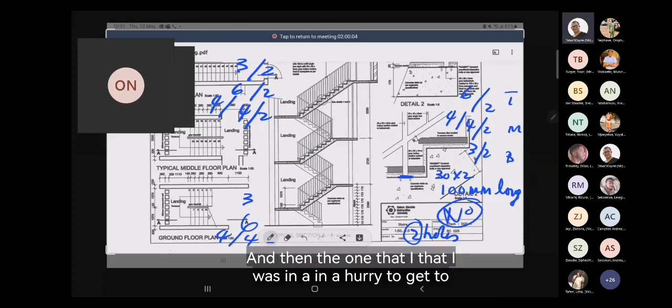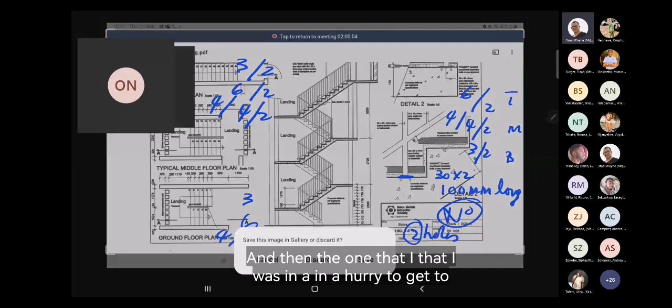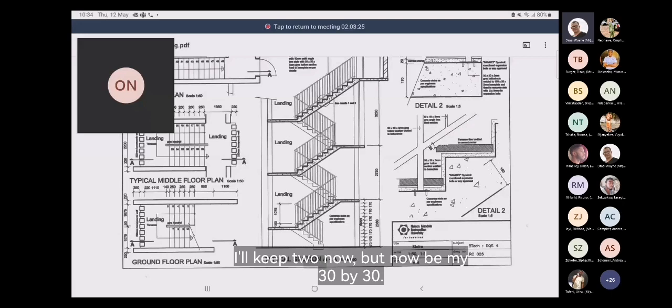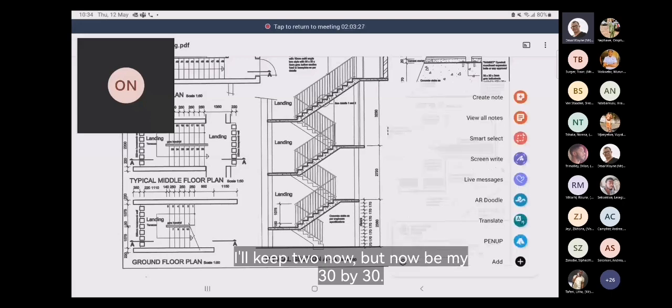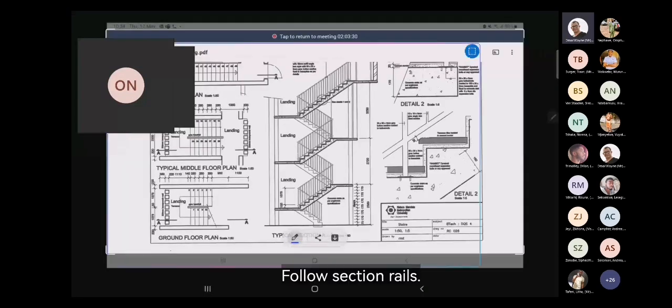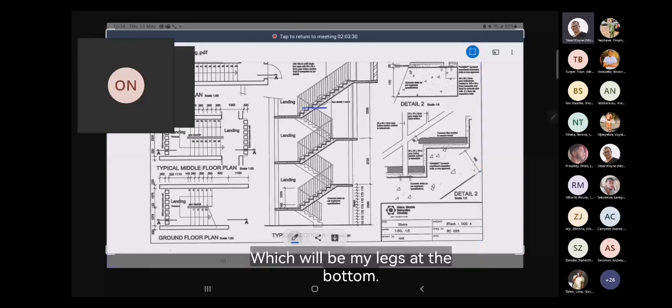And then the one that I was in a hurry to get to earlier on, I'll get to now, would be my 30 by 30 by 3 millimeter hollow section rails, which will be my lengths at the bottom.